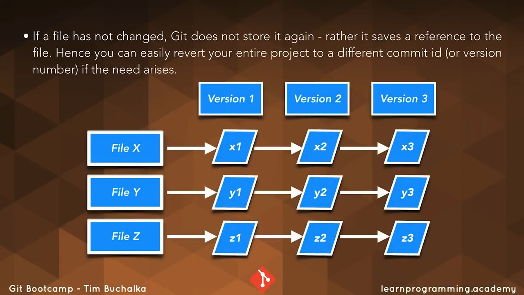So if the file hasn't changed, then Git doesn't actually store that file again. All it does is save a reference to that file, and hence you can easily revert your entire project to a different commit ID or different version number, if you will, if that need arises.